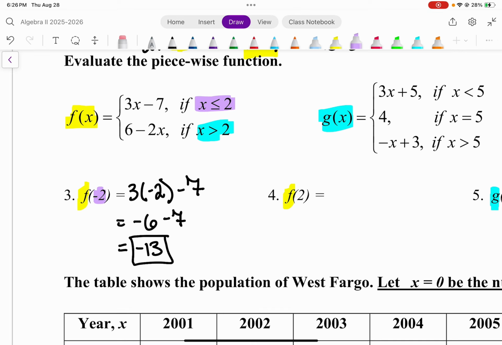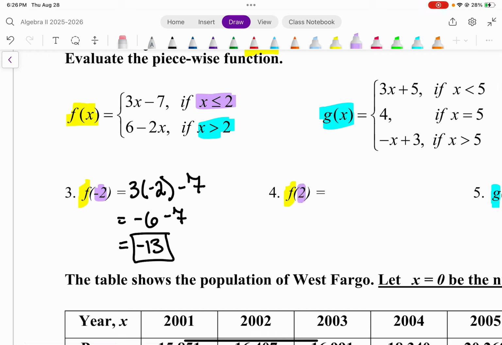And in this case, 2 is going to be included in the one that is or equal, or the top equation again. So we'll plug that in and we'll end up with 3 times 2 minus 7. 3 times 2 is 6. 6 minus 7 would give us -1. So in this case, we use the same equation both times, and that is okay.